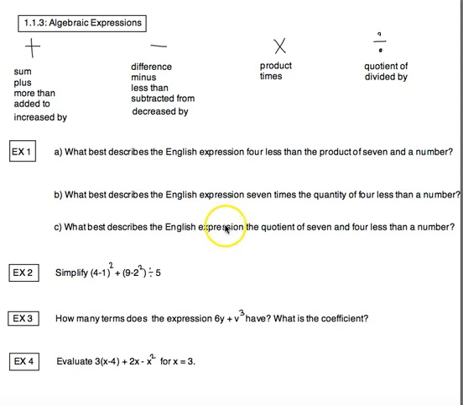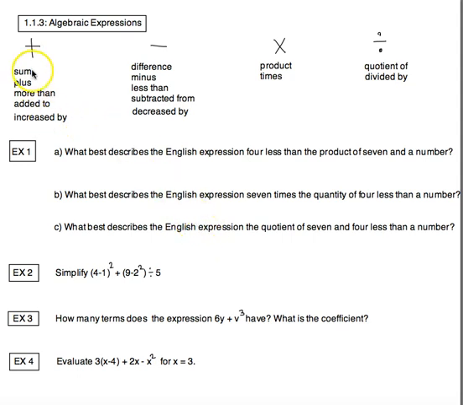So the bulk of this first section on algebraic expressions focuses on how we translate words into math symbols. So when you look at the quiz, what you see here in A, B, and C of example 1 is how things are mostly going to be worded. There will be some that work backward, where instead of giving you the words, they'll give you the expression and ask you to choose which words are correct.